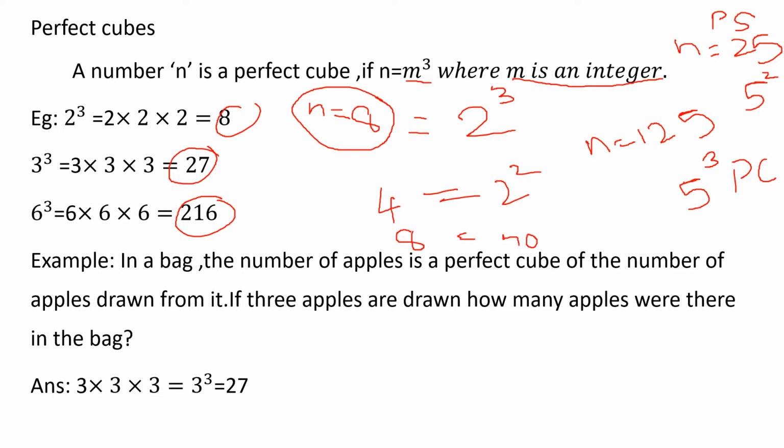Take your bag as the example. I have kept some apples in your bag, and I am saying the number of apples in your bag is a perfect cube. You are asking, ma'am, how many apples did you keep in my bag?